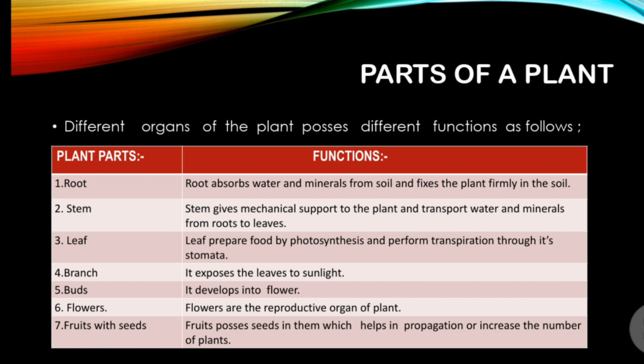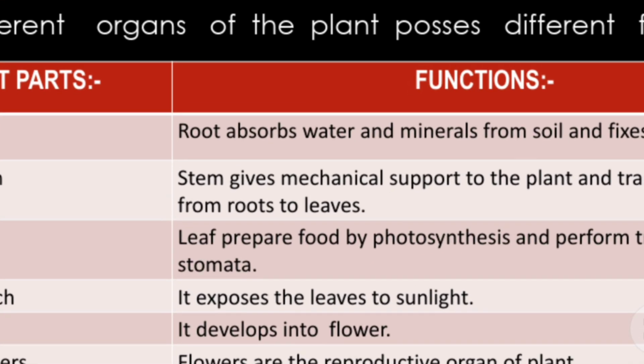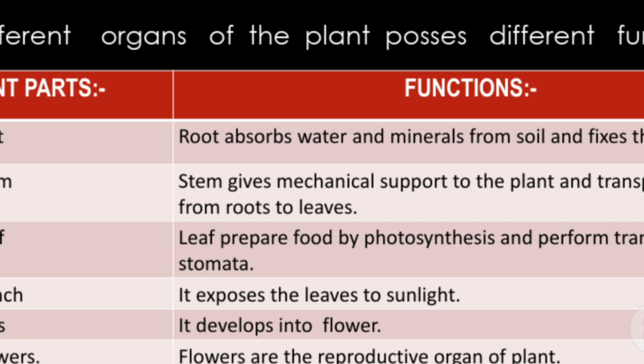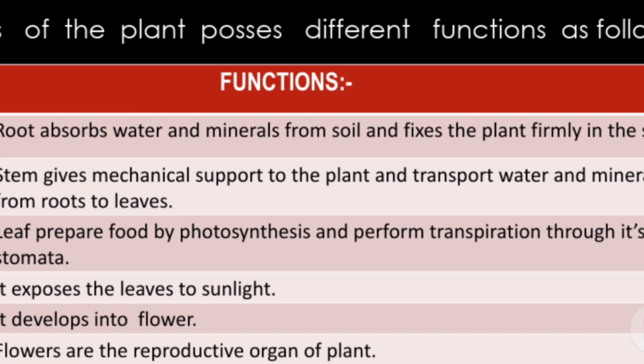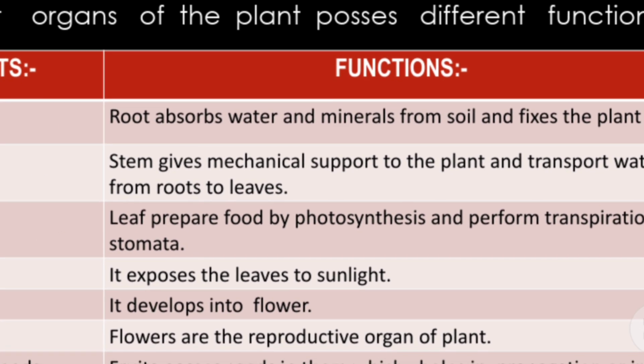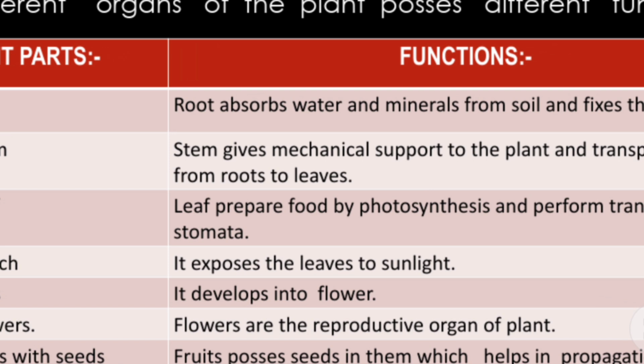Now in this slide, we will be seeing the functions of different plant parts. So the first part is root. Root absorbs water and minerals from the soil and fixes the plant firmly in the soil. Now the second plant part which is present above the soil is the stem.